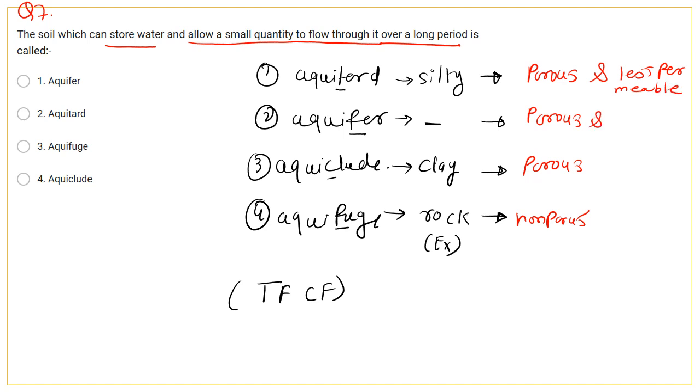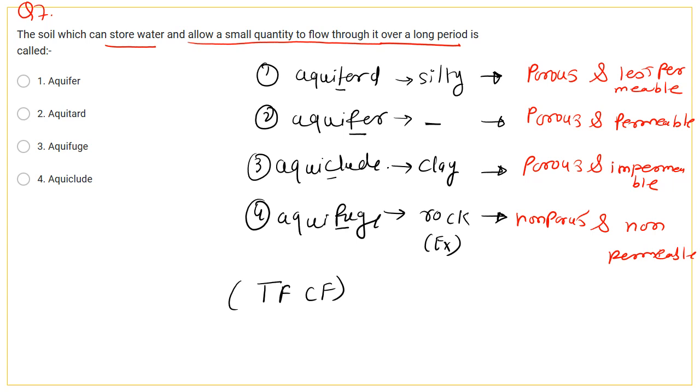Then this is porous and permeable. Third one is porous and impermeable. And last one is non-porous and non-permeable. Okay, this is about the aquitard, aquifer, aquiclude, and aquifuse.